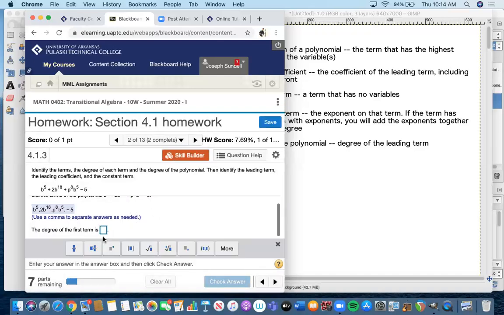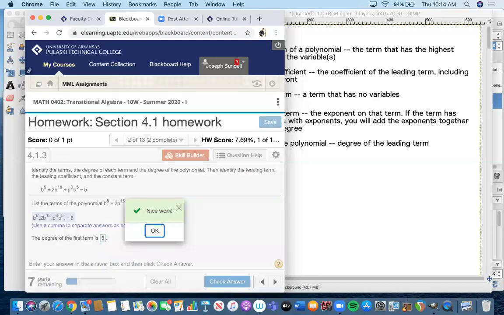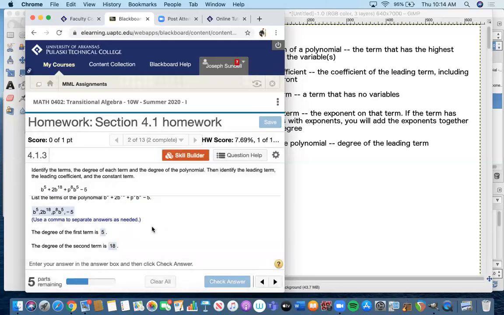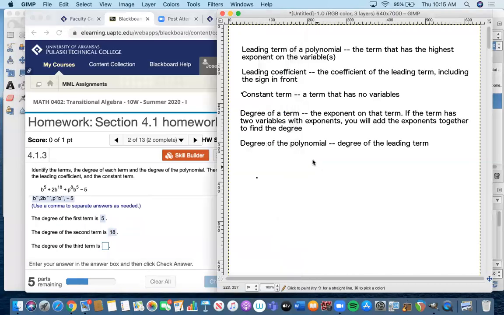Okay, so now the degree term by term. The first term is b to the fifth. The degree is 5, right? That's the exponent there. The degree of the second term is going to be 18, b to the 18th. Now here's where you can get kind of tripped up: the degree of the third term. Remember, the degree is the exponent on the term.